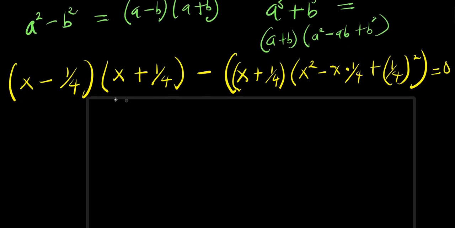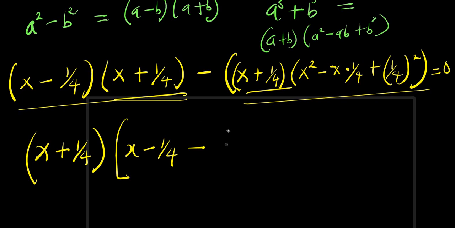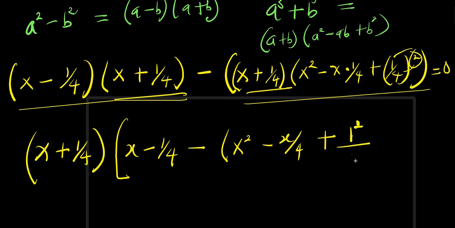So from here we have x plus 1 over 4, x plus 1 over 4. We factor that out. This divides x plus 1 over 4. This is x minus 1 over 4. Minus, this divides x plus 1 over 4. We have x squared minus x over 4 plus, I can distribute this to each of the terms here. I have 1 power 2 divided by 4 power 2.